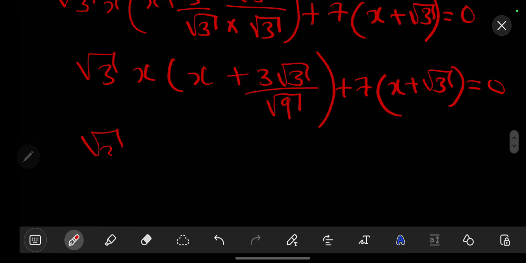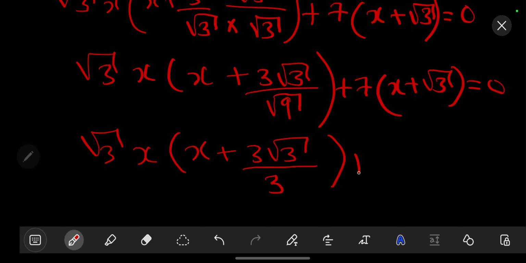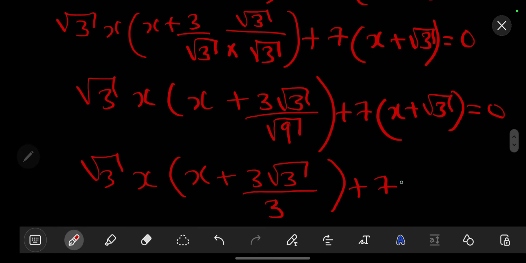So we have the square root of 3 x open brackets x plus 3 square root of 3, where the square root of 9 taking the positive is 3, then plus 7 times x plus the square root of 3, which should be equal to 0.